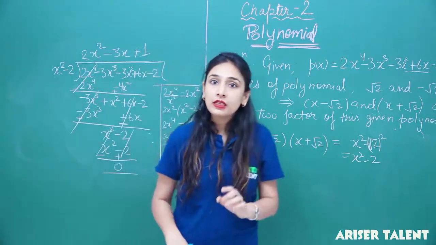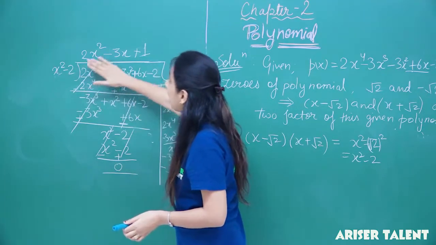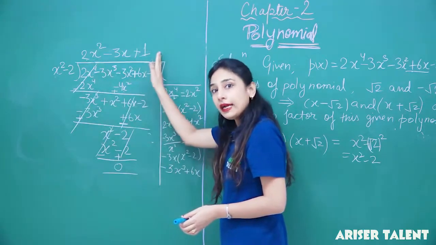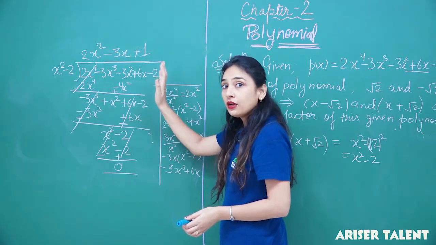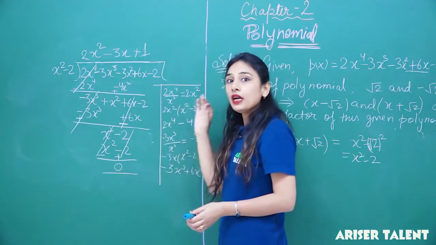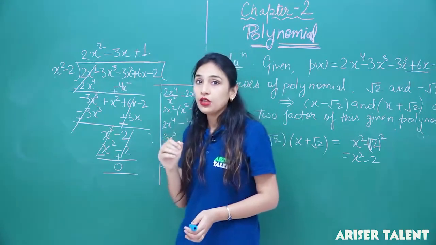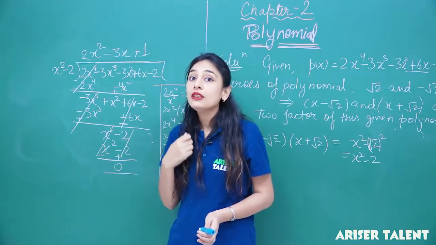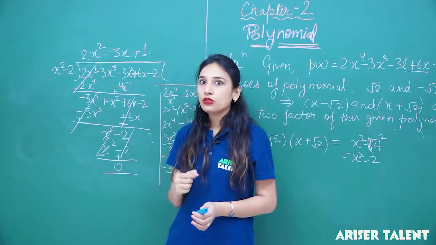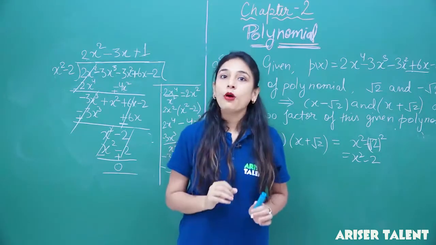If the remainder is 0, that means that this and this, your quotient and divisor, are what? Factors of dividend. We are able to solve this particular question with the help of the division algorithm of polynomials.